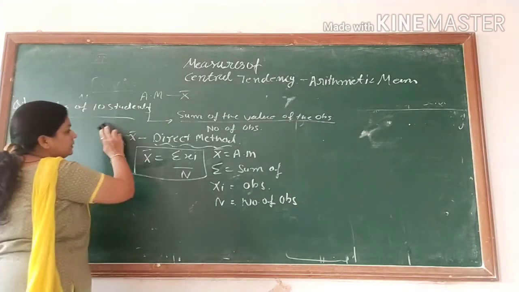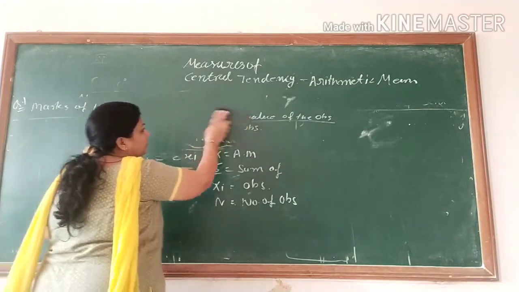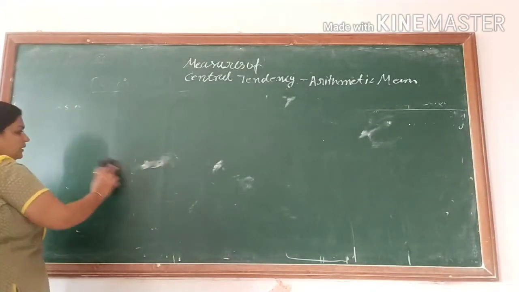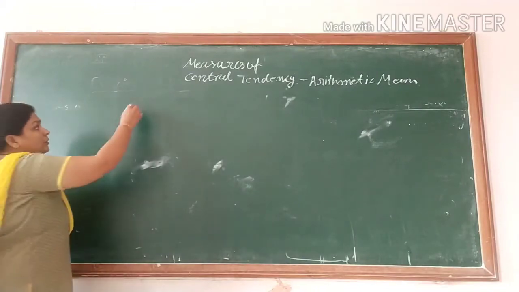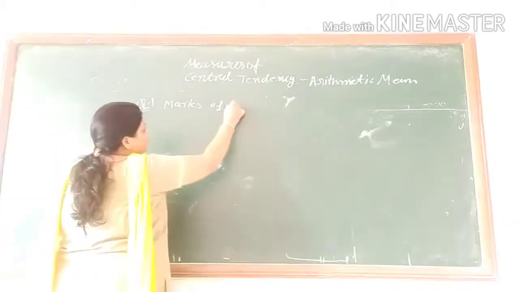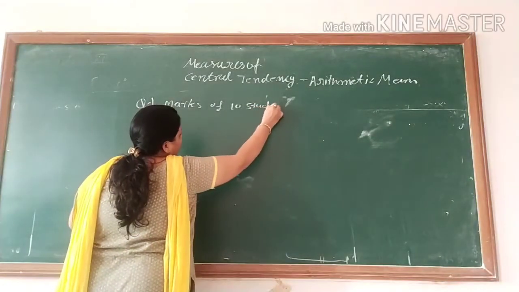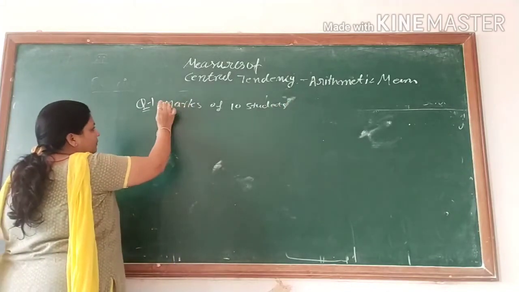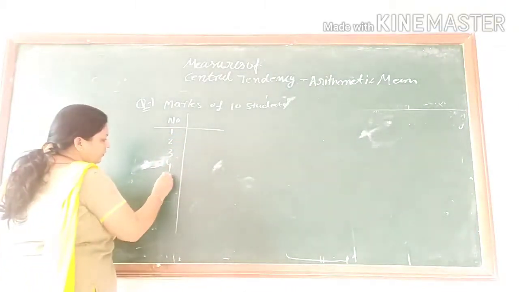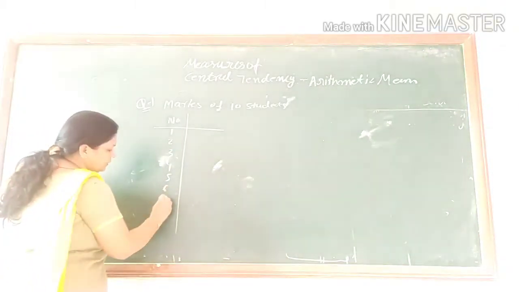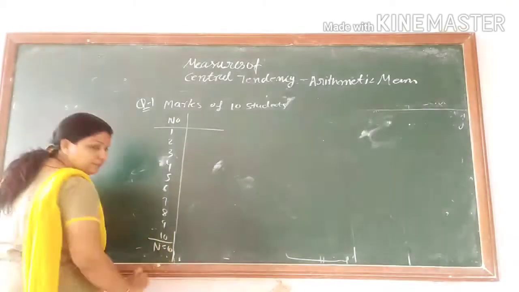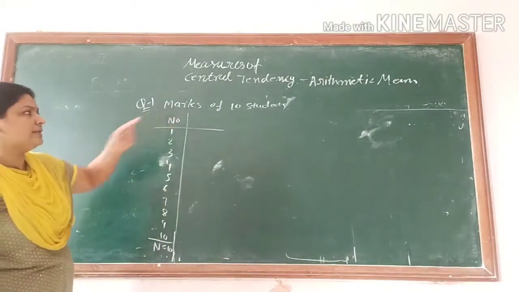So we just rub this and do here properly so you can see it properly on the board also. So question number 1, marks of 10 students. Subject is not given to you. So 10 students are given to you, 1, 2, 3, 4, 5, 6, 7, 8, 9 and 10. Fine. So here just write down n equal to 10.